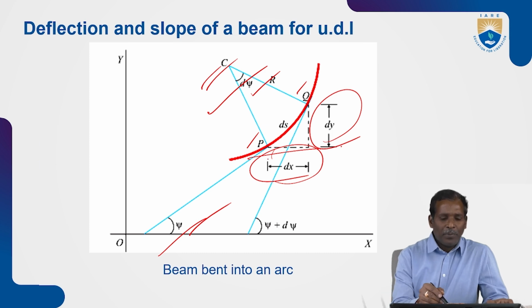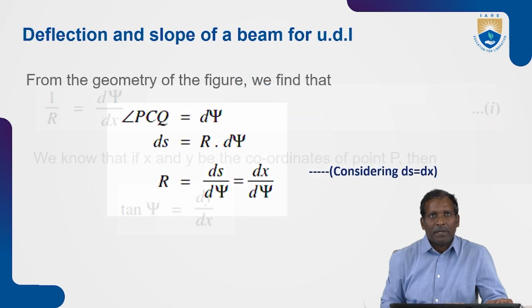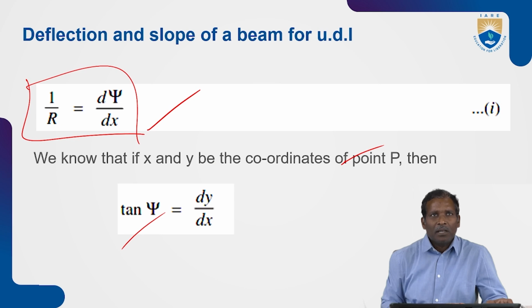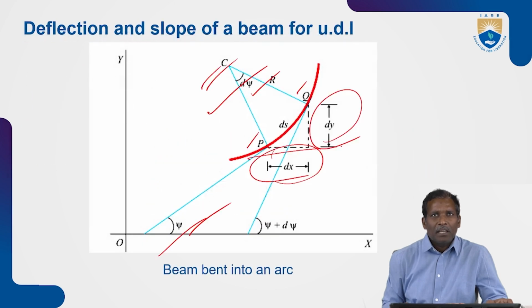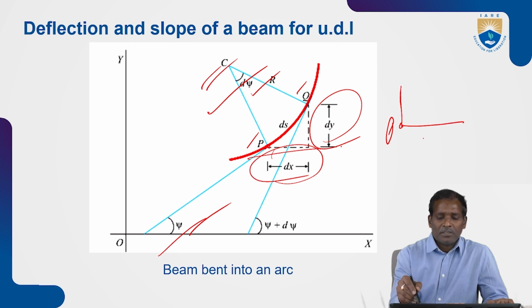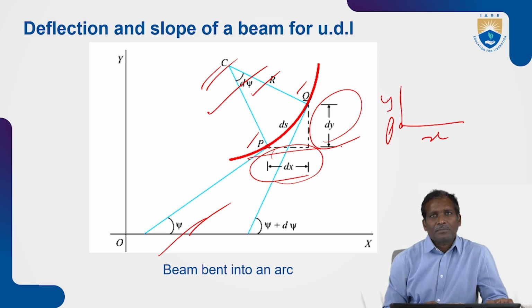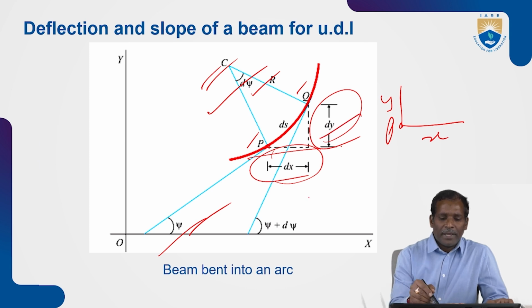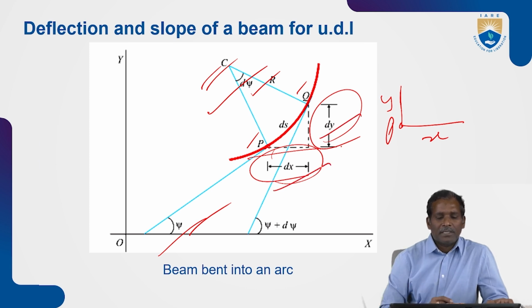At point P, the P and Q coordinates are already mentioned here. If x and y are the coordinates of point P, then at this point the y coordinate is dy and the x coordinate is dx.